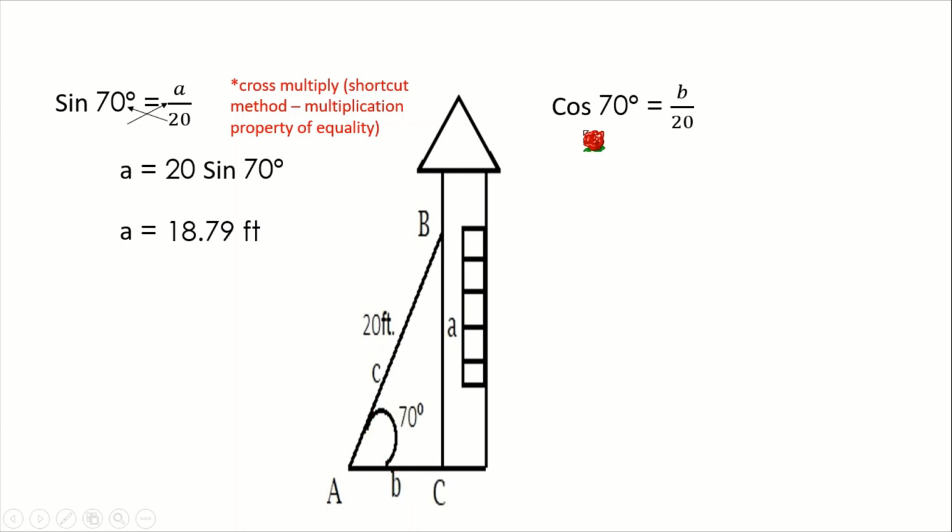Substitute cosine 70 degrees, this is our angle. B, our adjacent, is what we are looking for. The hypotenuse is 20 feet. Again, shortcut, cross multiplication. So now B is equal to 20 times cosine 70 degrees. Simplifying this with your scientific calculator will give us 6.84.